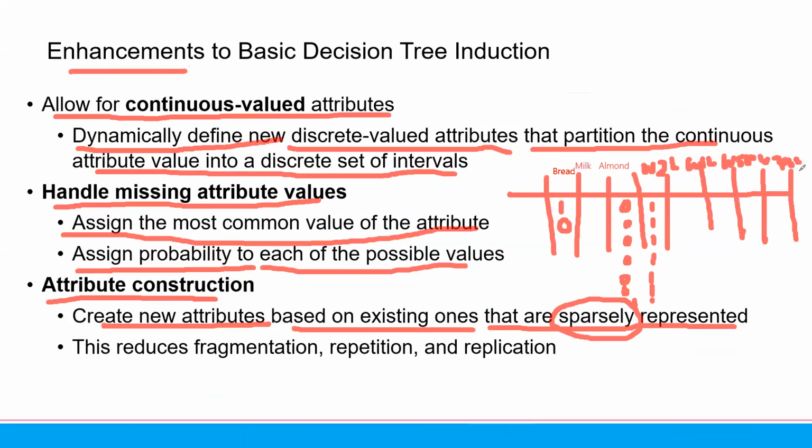But maybe for the small water, not so many people buy. There will be zero. So this kind of thing, we call it sparse. If the data is not available for many observations, maybe we need to create a new attribute to make the decision tree give a better result. So this reduces the fragmentation. It will reduce repetition. It will reduce replication.